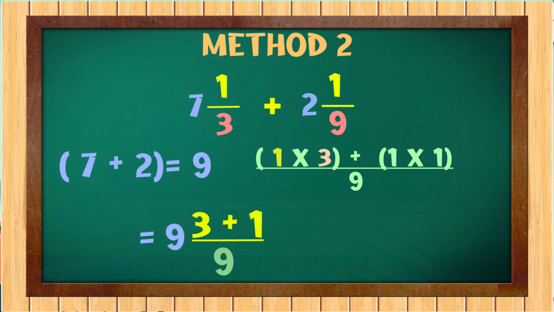We bring down our whole number and we continue working. 3 plus 1 equals 4. So our answer is 9 and 4/9. Boys and girls, is that the same answer that we had before using the same method? Yes, it is. So whichever method is comfortable for you to do, you can do it.